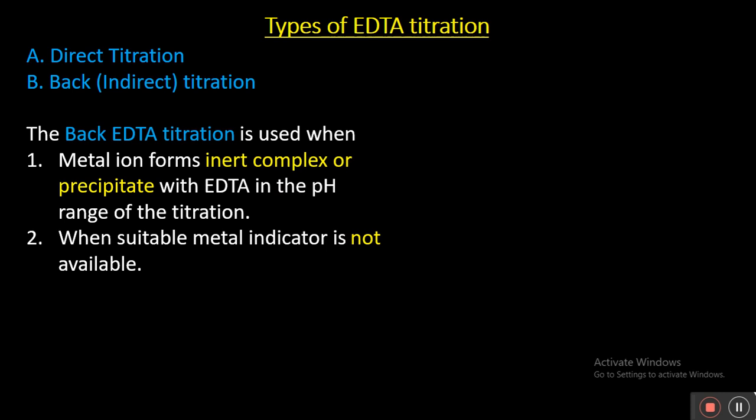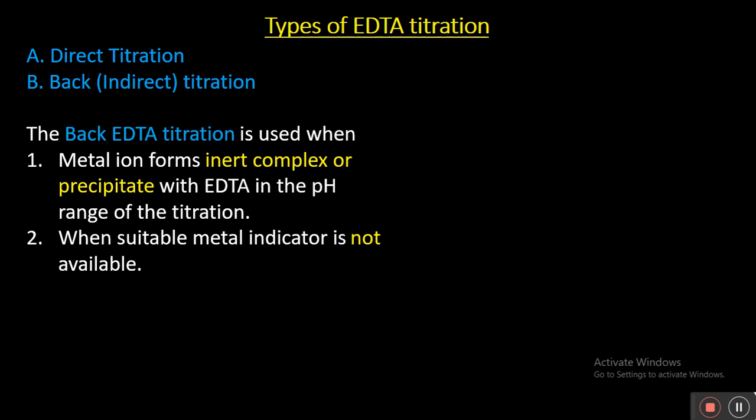Now, back or indirect titration is used when the metal ion forms inert complexes or precipitate with the EDTA in the pH range of the complexometric titration.